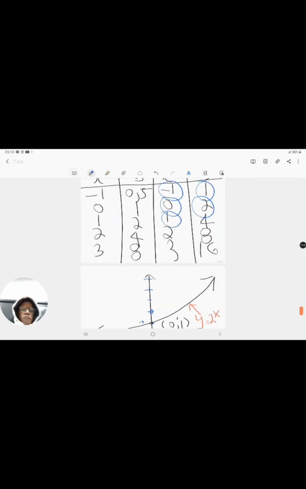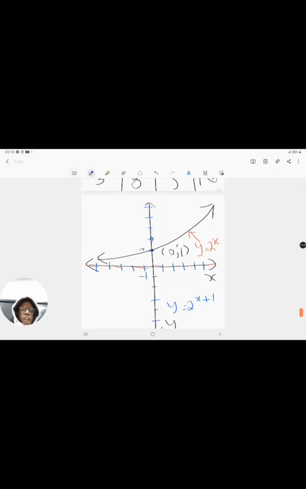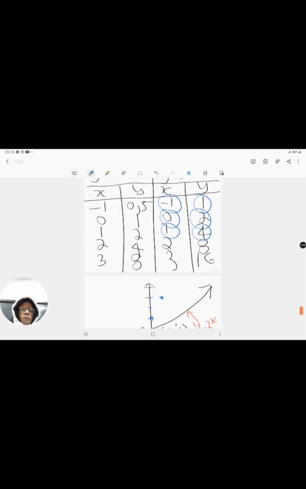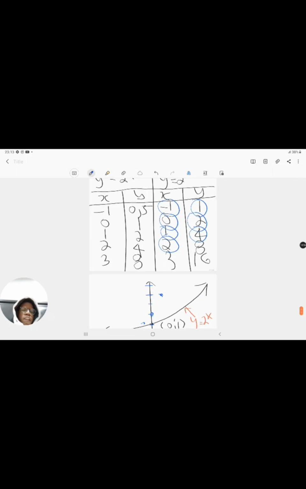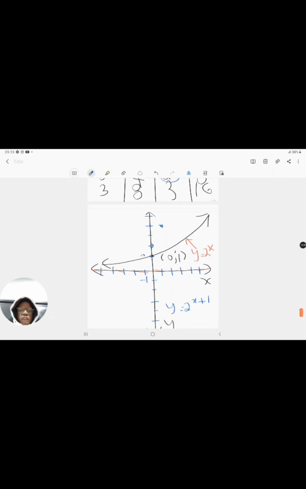When x is equal to 1, y is equal to 4. 1, 2, 3, 4 is here, so that's about somewhere there. Let's get to the next point. When x is equal to 2, y is equal to 8. That's actually off our graph now, but we can see what's happening here.